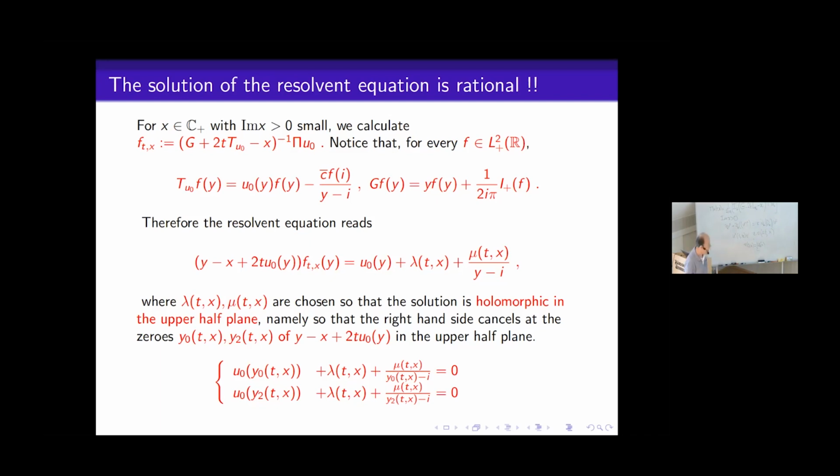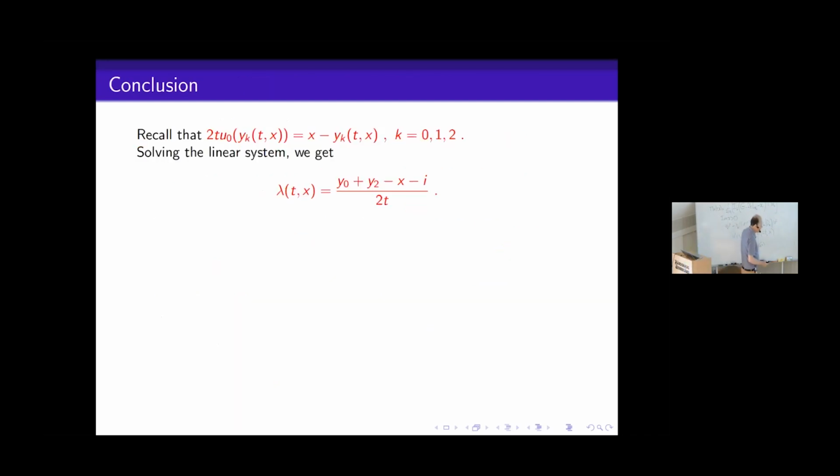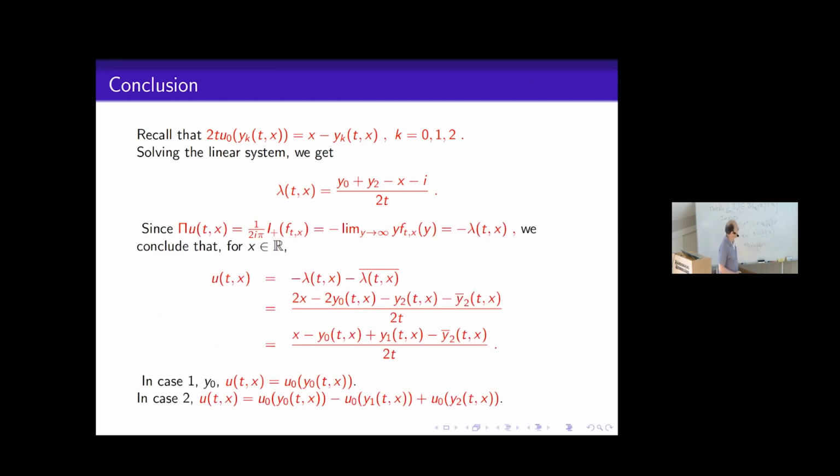Wow. And when we solve it, we find a very nice formula for lambda: y0 minus y2 minus x minus i, divided by 2i. Now what is interesting is that Πu is 1 over 2iπ times this, and it turns out that this is exactly minus lambda. So now if you take the real part of this, you get the result. And finally, in case 1, you get u(t,x) equals u0 of y0(t,x), and in the other case, you have the alternating sum.